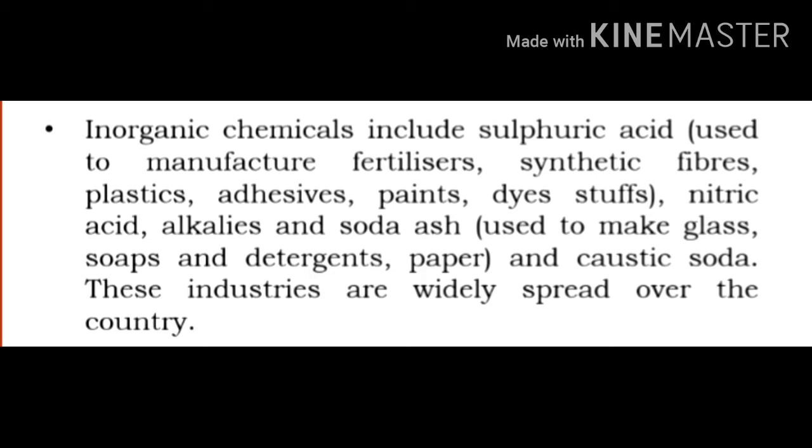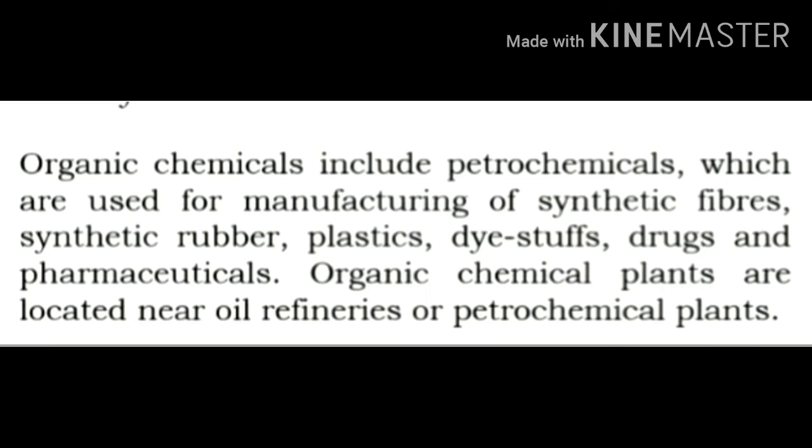These industries are widely spread over the country. Organic chemicals include petrochemicals, which are used for manufacturing of synthetic fibers, synthetic rubber, plastics, dyestuffs, drugs, and pharmaceuticals. Organic chemical plants are located near oil refineries or petrochemical plants.